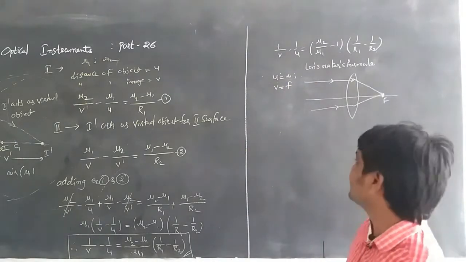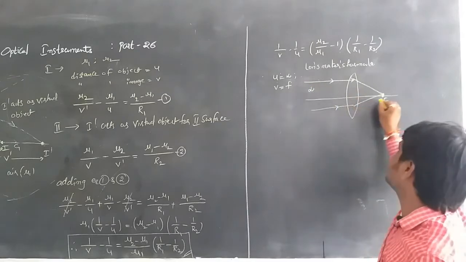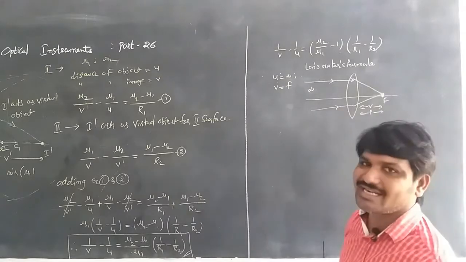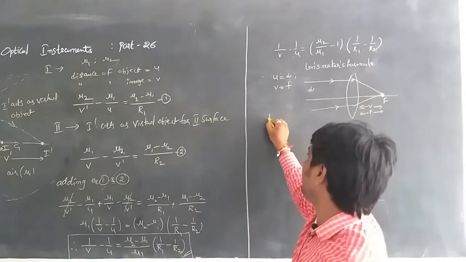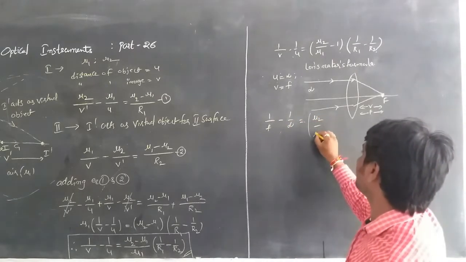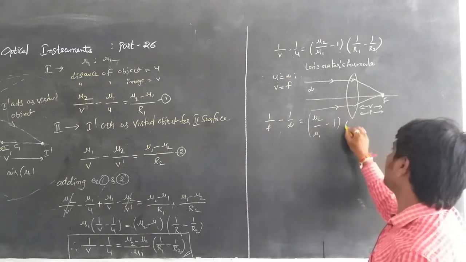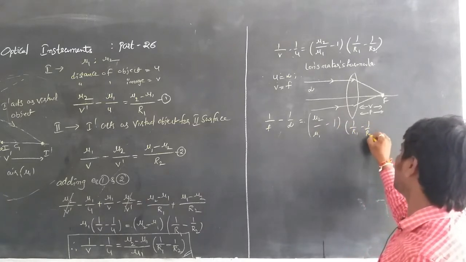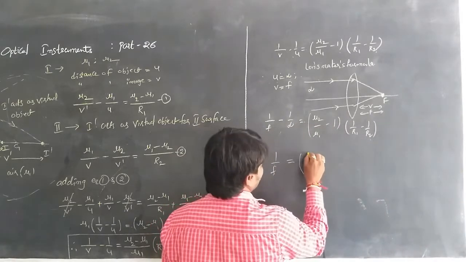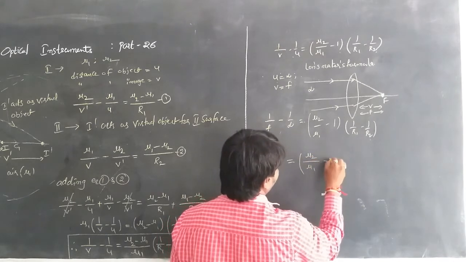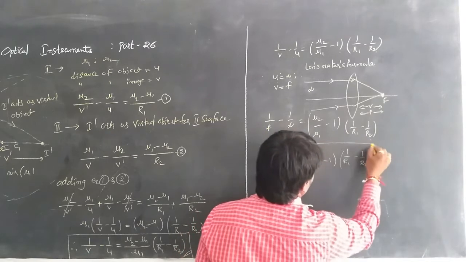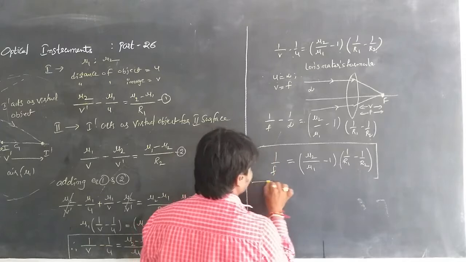When we substitute that, 1 by f minus 1 by infinity is equal to mu2 by mu1 minus 1 into 1 by r1 minus 1 by r2. Then we get 1 by f is equal to mu2 by mu1 minus 1 into 1 by r1 minus 1 by r2. This is the actual lens maker's formula.